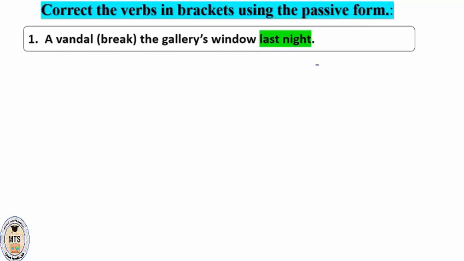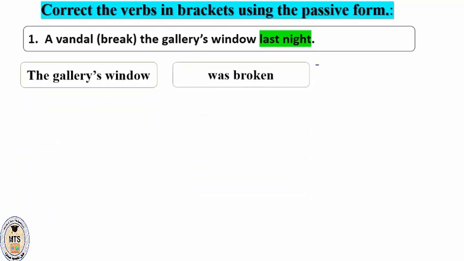Very good. So it will be the gallery's window. It is the object. Very good. Was, because we have last night. After was, the past participle from break, broken, and complete the sentence by a vandal last night.